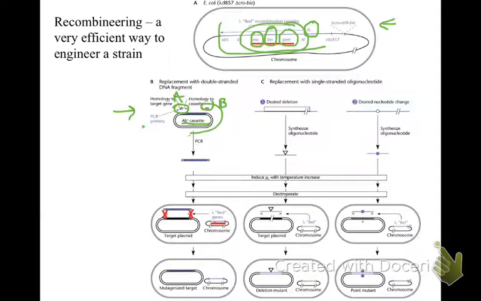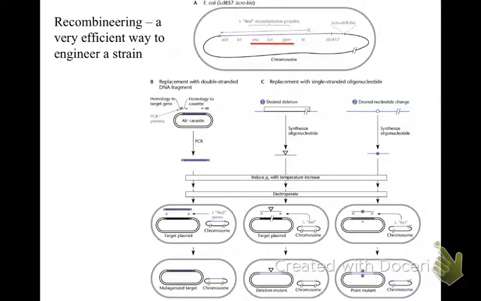And what that's going to do is when we recombine those, we're going to delete this gene and replace it with that antibiotic resistance gene that we were interested in. So here we end up with our final product. On the plasmid, we've taken out the gene that we were wanting to replace, and we've put in an antibiotic resistance gene instead.